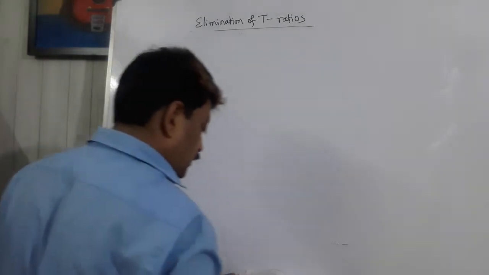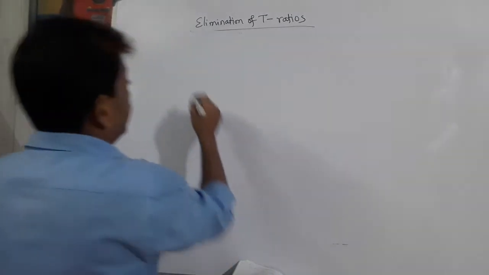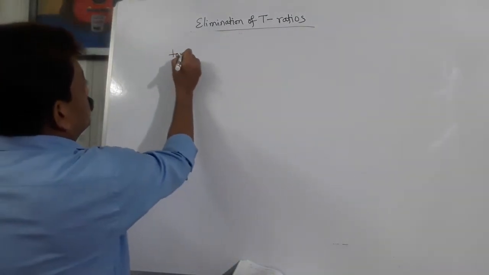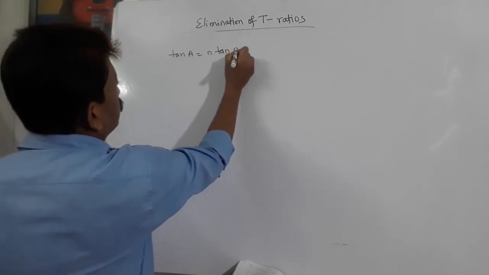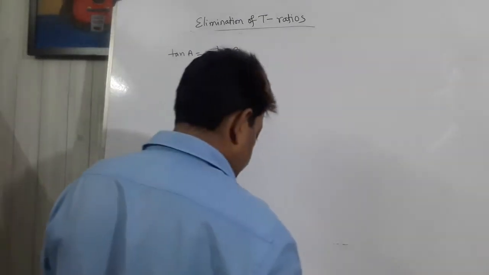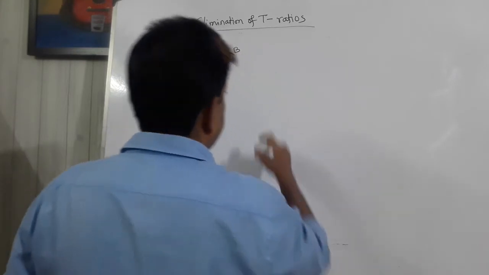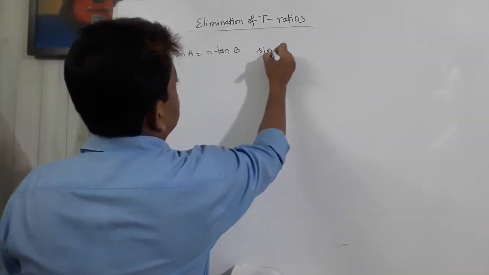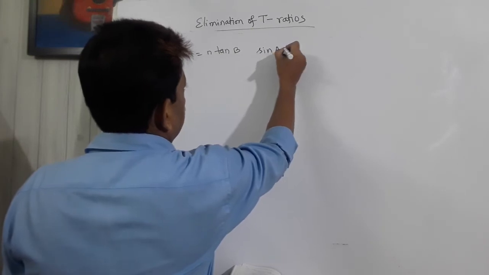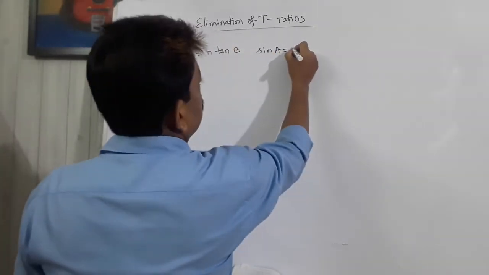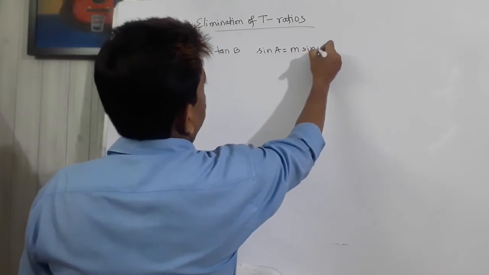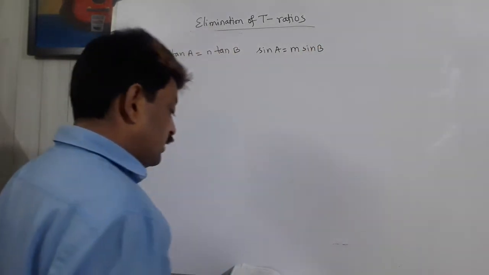It is given in the question, tan A equals to n tan B, and sin A equals to m sin B. What we have to find?